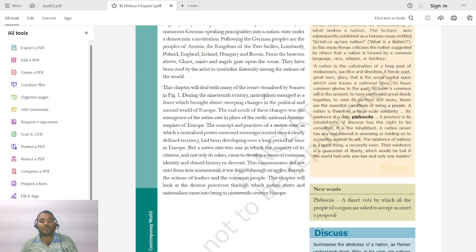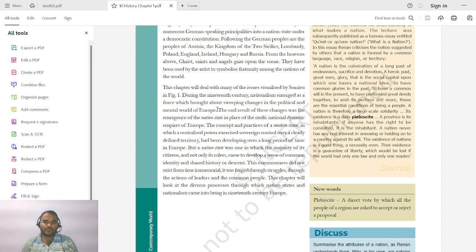During the 19th century, nationalism emerged as a force which brought about sweeping changes in the political and mental world of Europe. There were many reforms that took place across different geographies. We are also going to study how France got its democracy, and how the wind of democracy also spread in Europe.